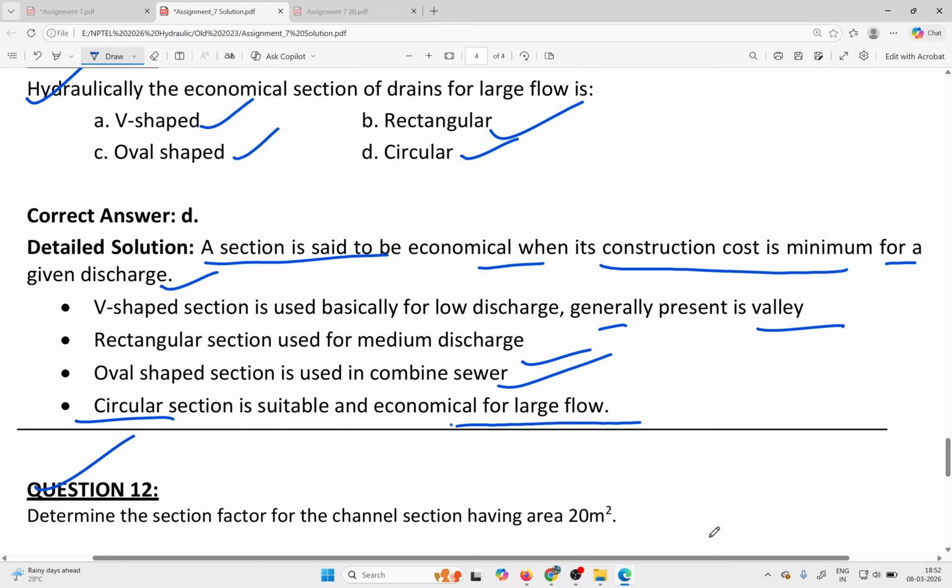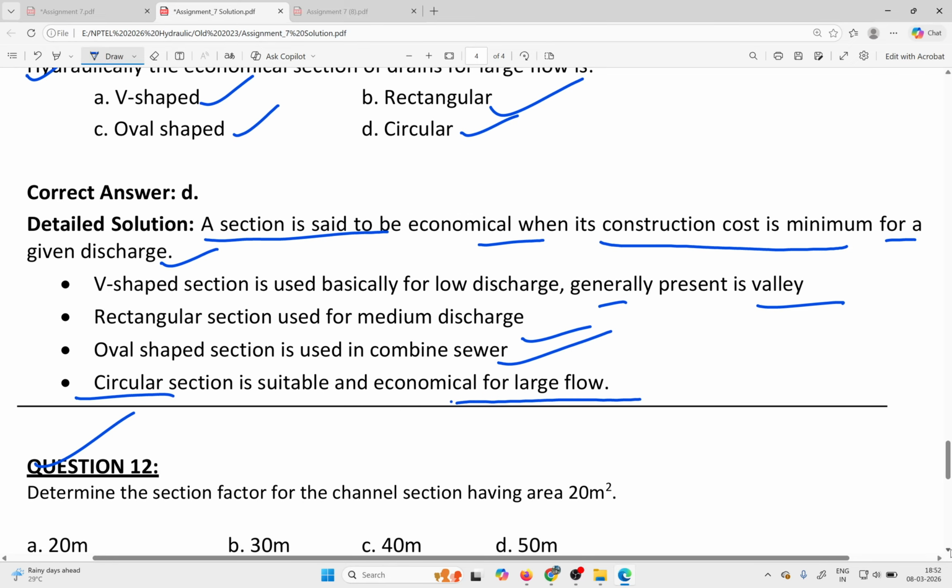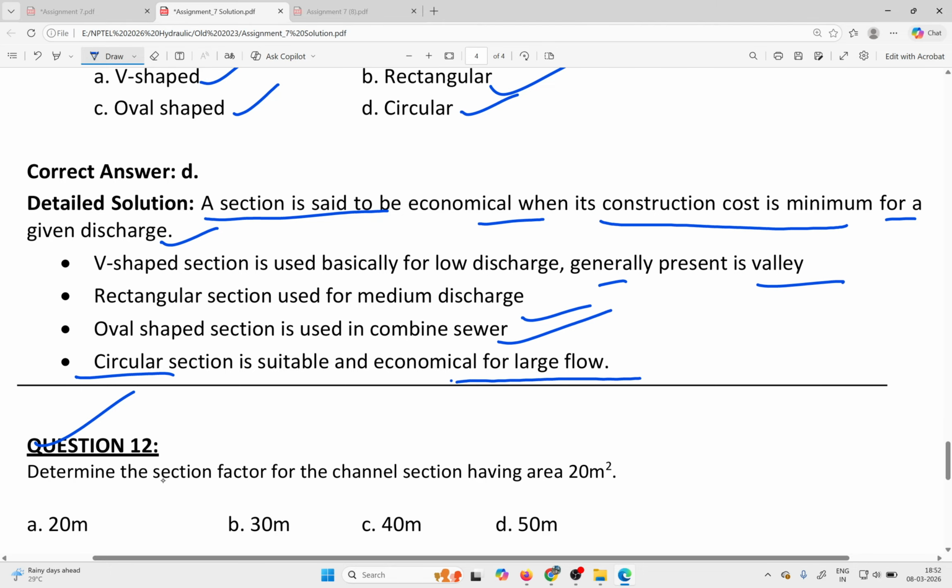Question 12 is: determine the section factor for the channel section having area 20 meter square. Section factor you need to calculate. The area is given as 20 meter square.